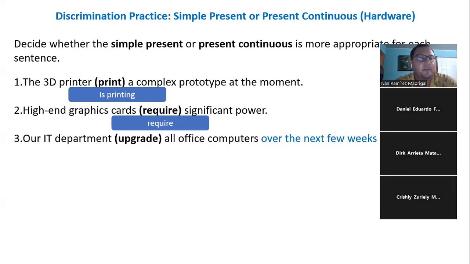Our IT department is upgrading all office computers over the next few weeks. Over the next few weeks. So it seems like the IT department has a plan, has arranged it to be so, and it is happening over the next few weeks.